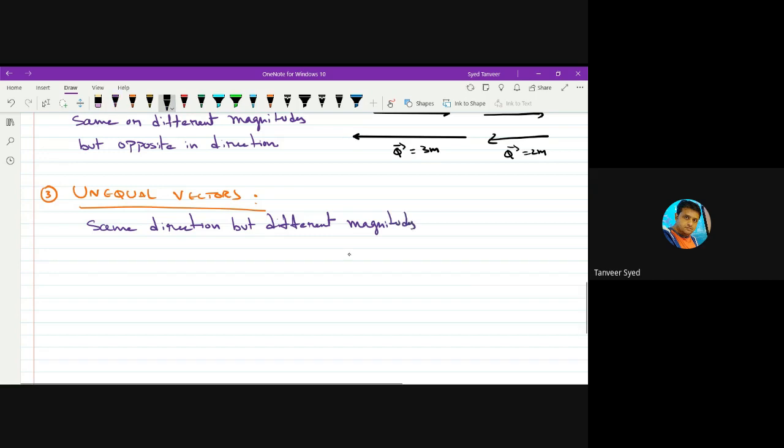Same direction but different magnitudes. This is vector P. This is vector Q. Direction is same, magnitudes are different.